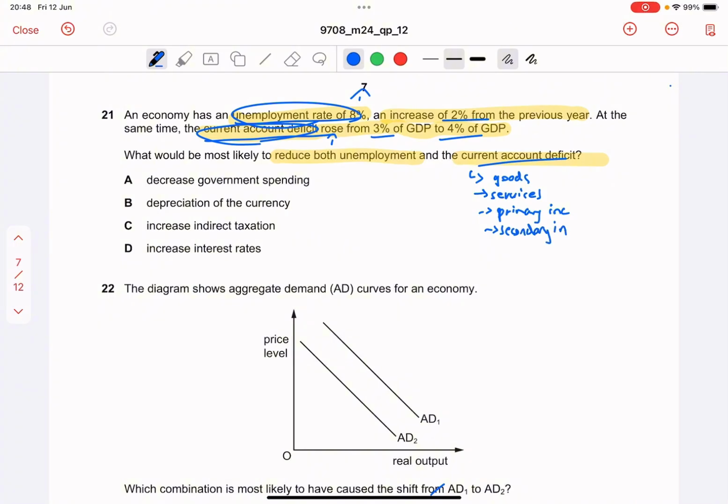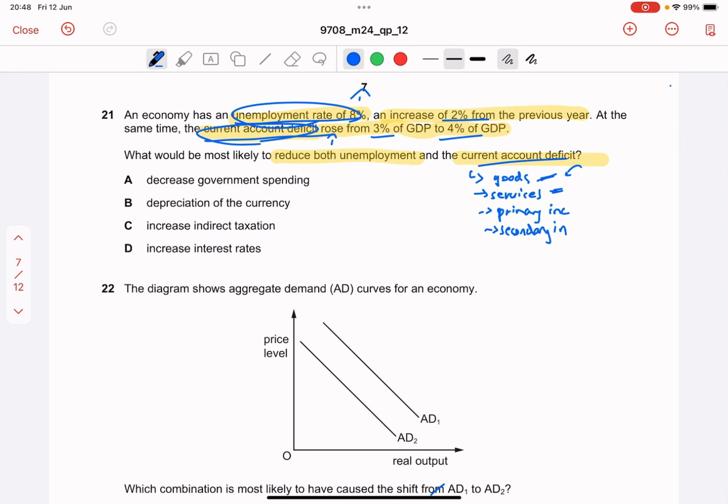So goods and services are pretty simple. You have exports and imports. Exports being the goods and services that go out of the country, and imports being the goods and services that come into the country bought by local people.